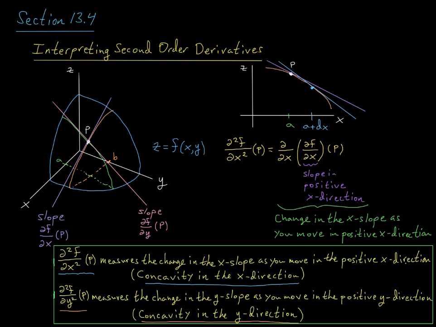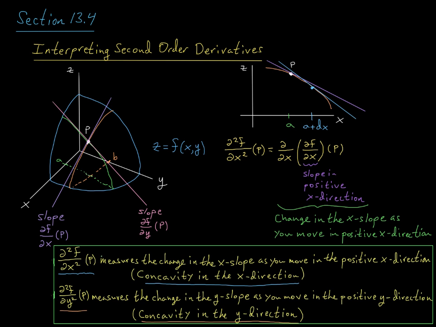Now another way you can phrase that, in connection to what you saw in Calc 1, is that this change in the change, or in other words, this change in slope as we move along this orange curve, is really just describing what we call the concavity of the curve.